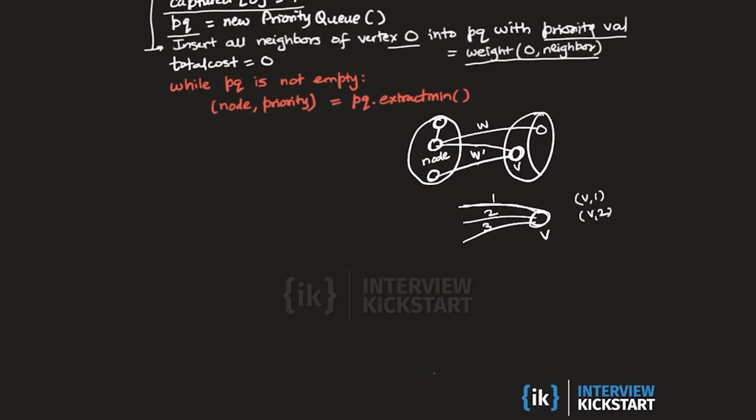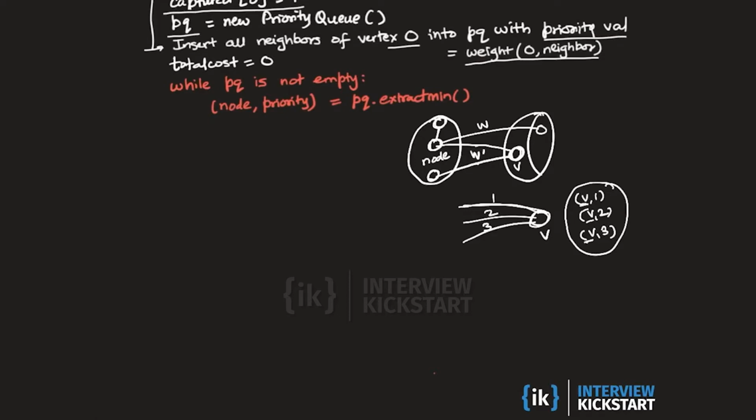So the priority queue would actually store 3 copies of the vertex V with 3 different priority values. This is the only way to avoid a decrease key operation: to reinsert the same vertex multiple times with different priority values. Now, how are we going to handle the fact that the same vertex V is going to get popped multiple times from the priority queue?